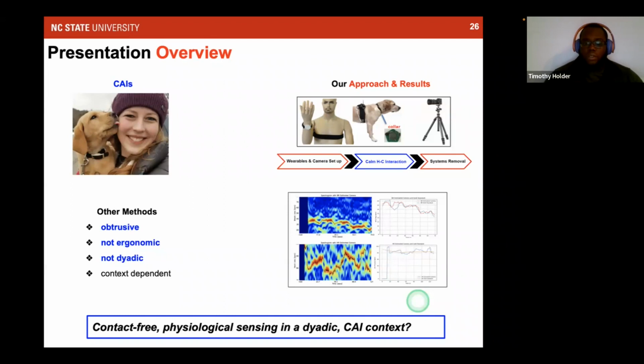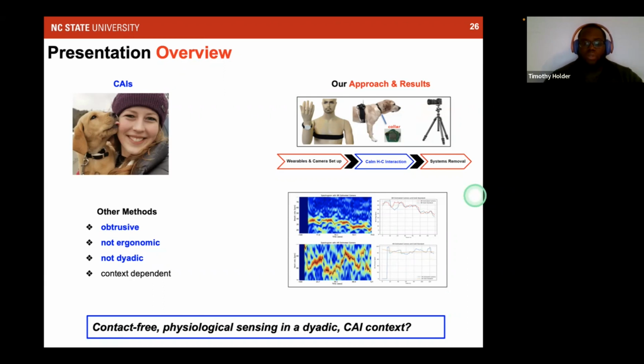We have a quite simple human-canine interaction protocol, and we're using several reference devices on the human and on the dog, as well as commercially available cameras. Mushfiqur went into detail about how we do the canine breath rate and human heart rate estimation, as well as how our results compare to the reference devices and the robustness of these methods.